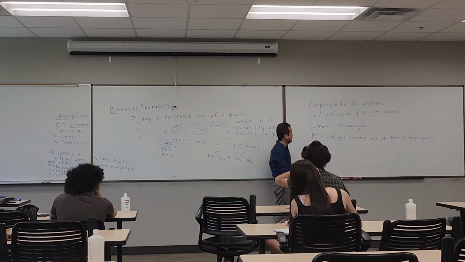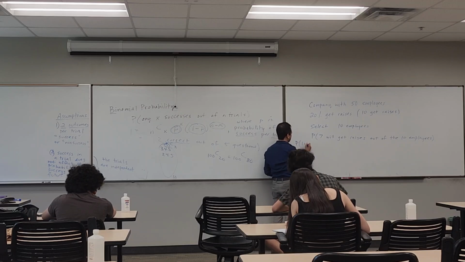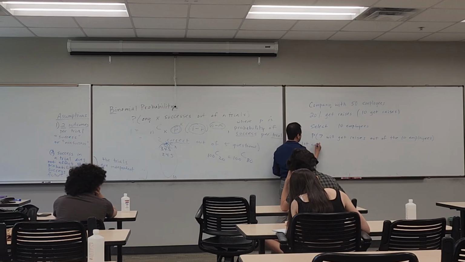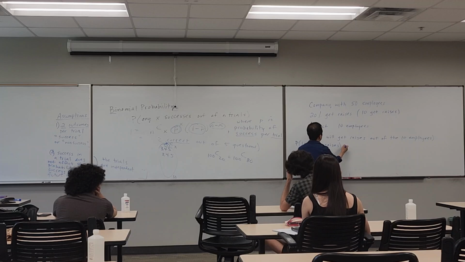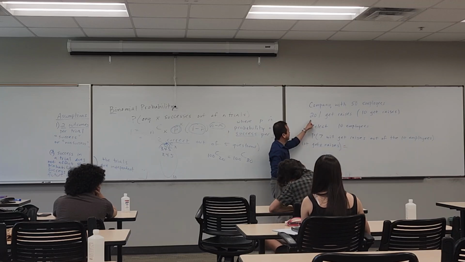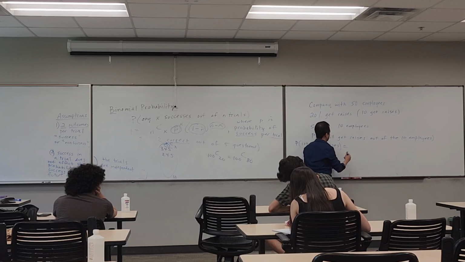So for example, what's the probability that the first employee that you select gets a raise? 1 out of 5. Yeah, okay. So it's going to be the 10 people out of the 50, and that simplifies to 1 out of 5.